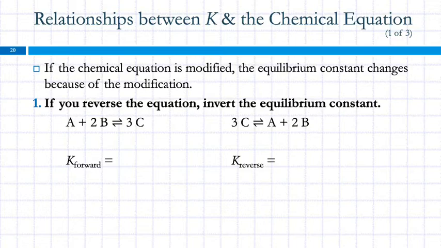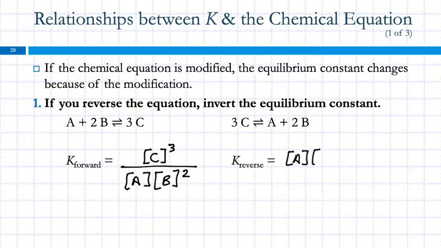And so we can kind of prove that to ourselves using this simple reaction here. A plus 2B goes to 3C. And here's the reverse. 3C goes to A plus 2B. And so we can express it like this. So C would be to what power? 3. And then we're going to have A and B squared down here. Right? And then if we look at this one over here, products over reactants, A and B squared over C cubed.